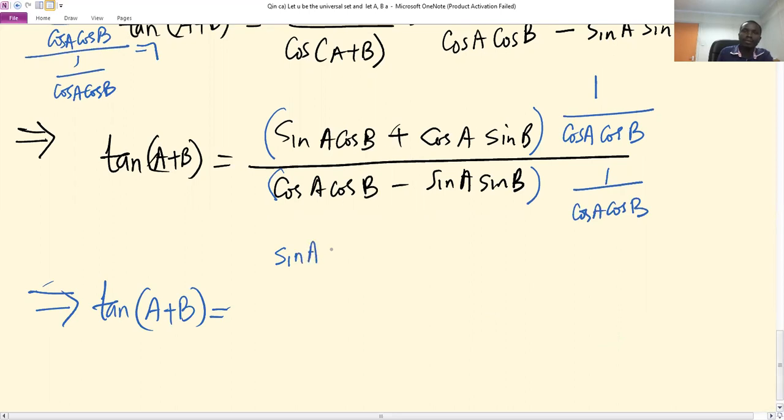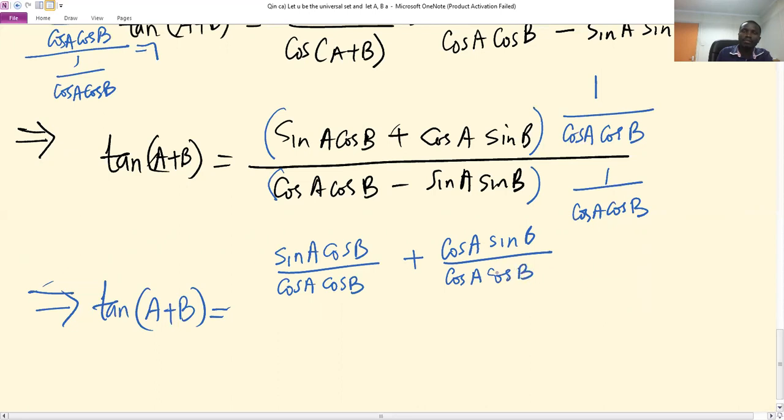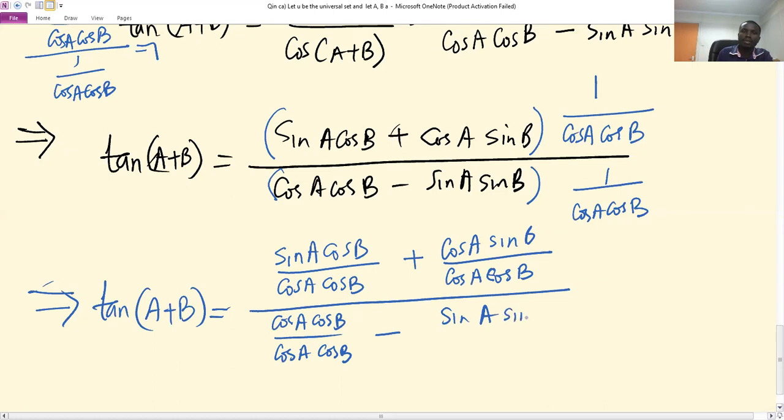So we have sine A cos B divided by cos A cos B plus cos A sine B divided by cos A cos B, over cos A cos B divided by cos A cos B minus sine A sine B divided by cos A cos B. There's no miracle performed.